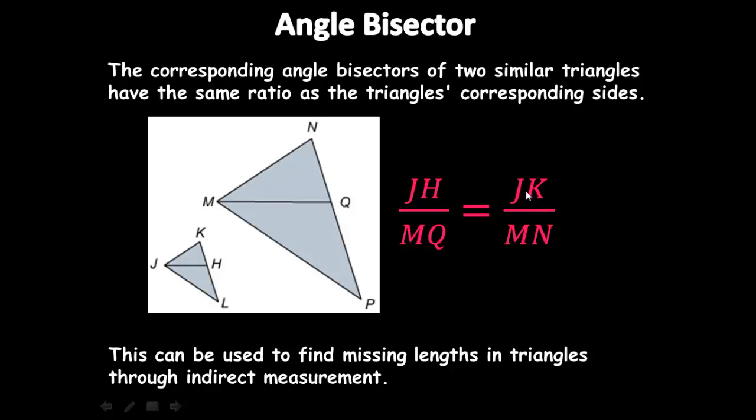Then over here in the numerator we have JK, which is a side of the smaller triangle. And in the denominator we have MN, which is the side of the larger triangle. Now this can be used to find missing lengths in triangles through indirect measurement. Like I said, we've already done some examples showing that in the previous lesson.